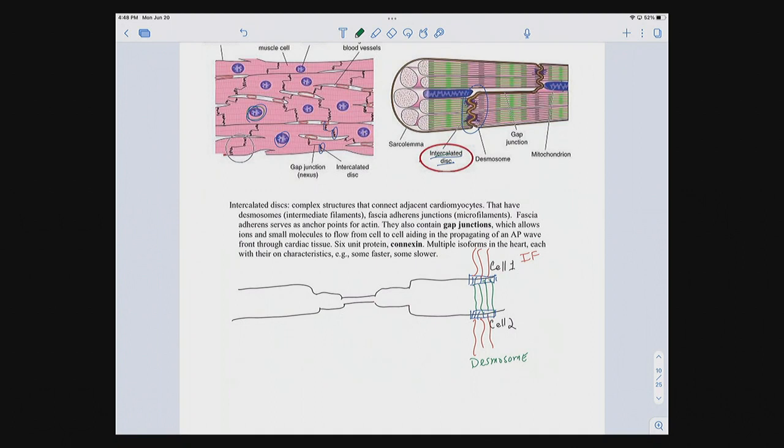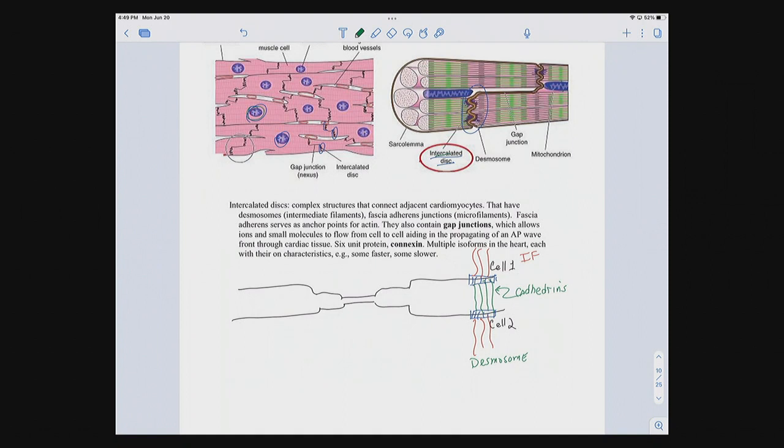So these two cells here, by virtue of the proteins in the middle, are connected to the cytoskeletal structure of each cell, and in particular the intermediate filament. And so this is what that is. The proteins in the middle here are called cadherins. Okay, so that's what those are.